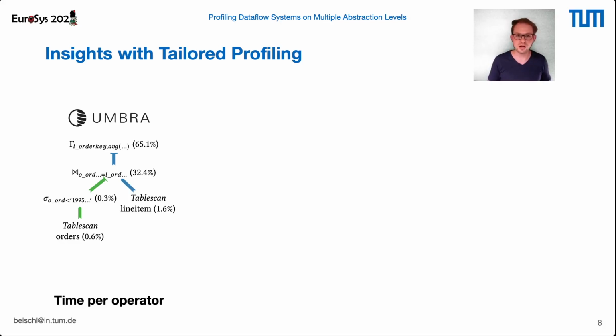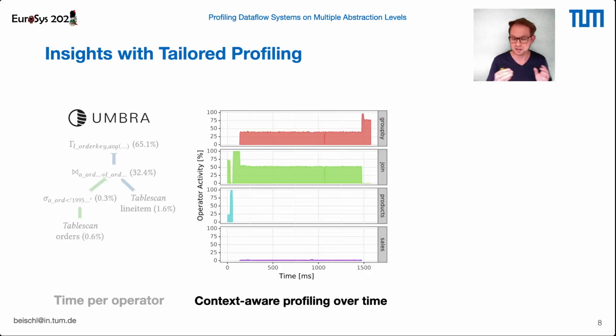We can also monitor the time and the activity of each operator over the entire query execution time. So therefore, we will see the interaction between different operators, also correlations, and we can even detect local bottlenecks and then optimize them. But we are not limited to any specific events, like for example, tracking the activity.